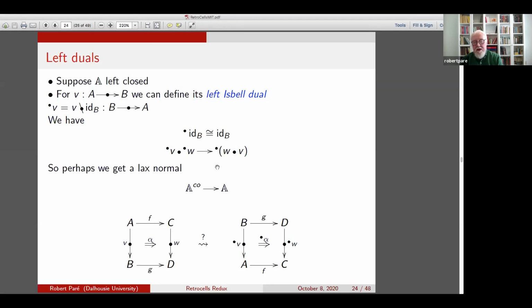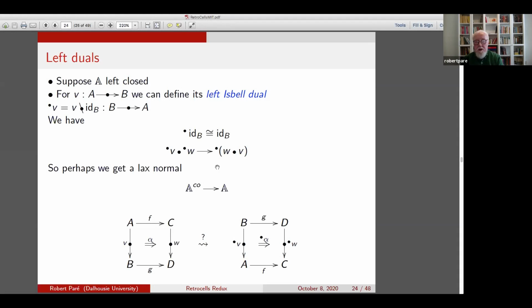Our problem is with the variable that's in the denominator there, right? So let's define left duals to be this internal hom, V under identity. And then you can show that the identity on B has left dual identity on B, and you get a comparison between the duals composed and the dual of the composite.